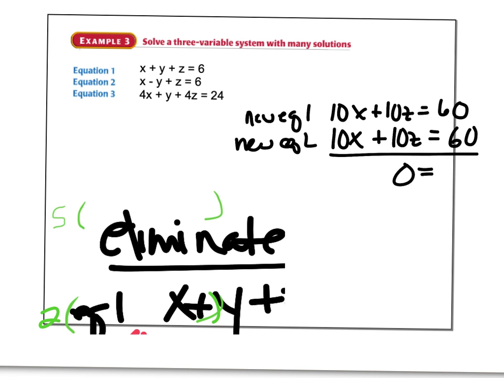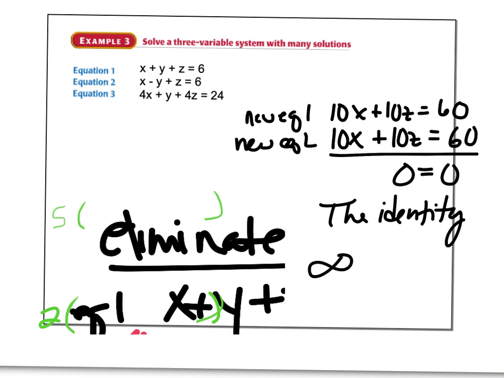And so really, if we try to eliminate, we'd get 0 equals 0, and this is actually called the identity when something is itself. And so for this one, you really have lines that are identical, and so you would have infinitely many solutions. Your coordinate triplet could be any number, and it would be true for all three of these.